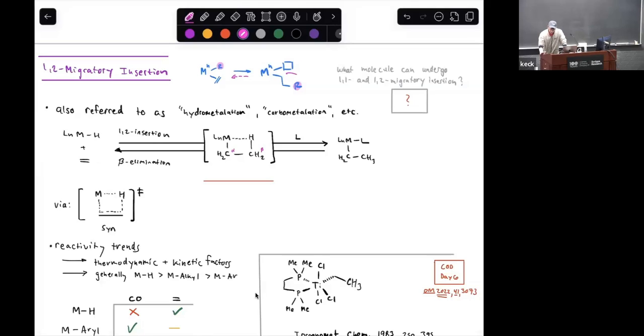Just as a little bit of trivia to get us warmed up today, does anybody want to take a stab at a molecule, and there could be more than one, that can undergo both 1,1 and 1,2 migratory insertion?